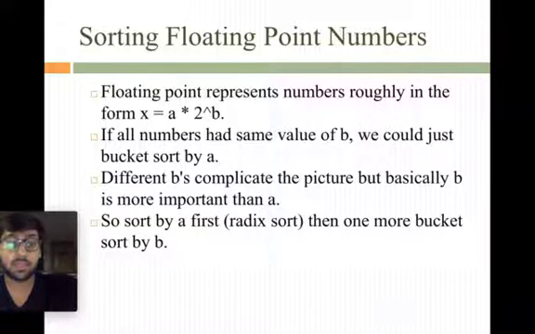All the numbers that have a greater b form a larger bucket, and we know that they have a greater value. One important property we use here is the stable sort property. Because the initial sorting order is saved for the numbers with the same b, the ordering with respect to a is not disturbed, and we only change the ordering with respect to b, which is more important than the ordering with respect to a.